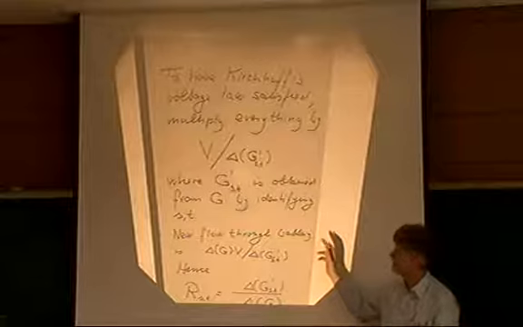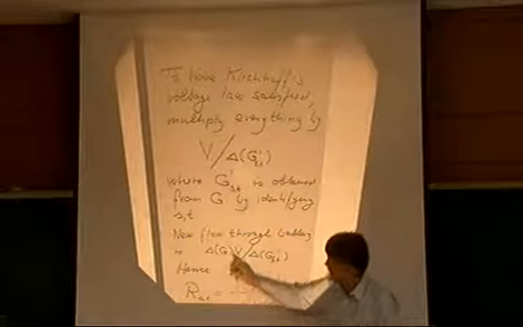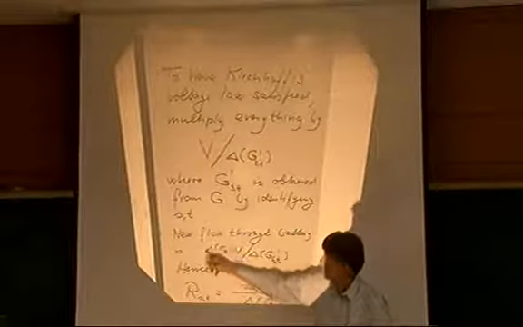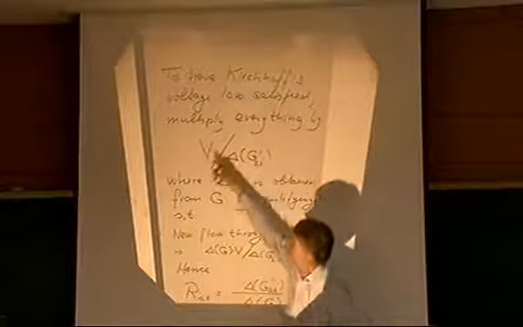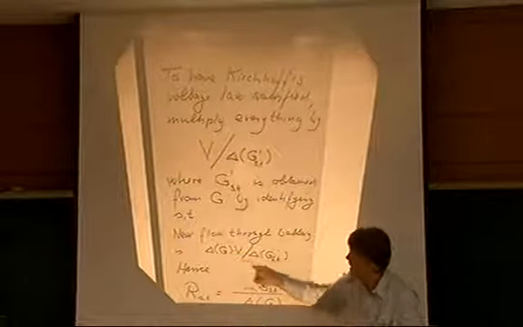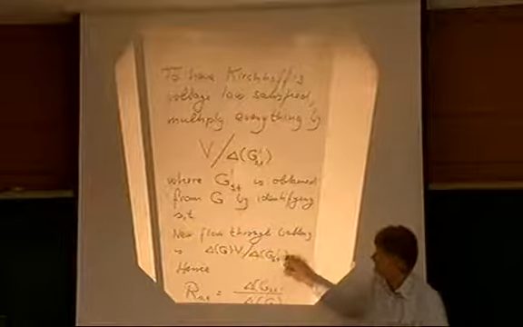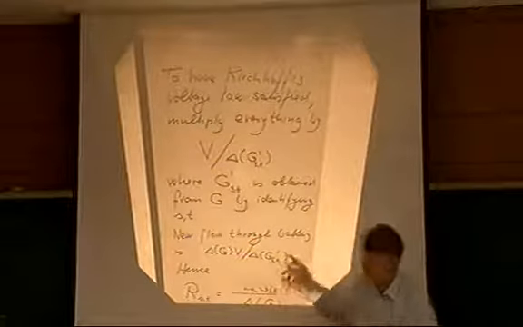Now let's see how much current there is through the battery. This was the amount of current to start with, and then we made the adjustment with this one here, so that's the current through the battery. But now remember the definition of the effective resistance.